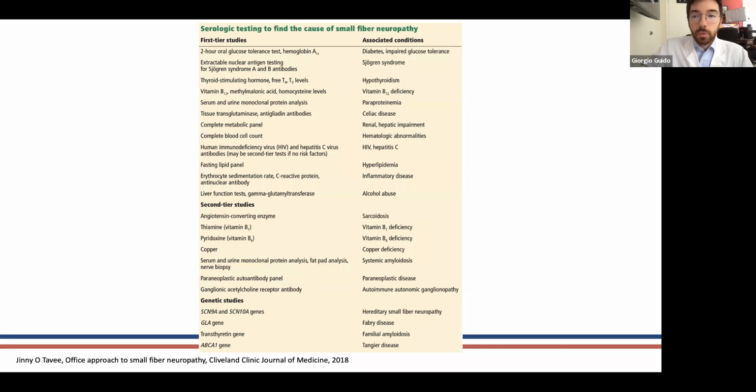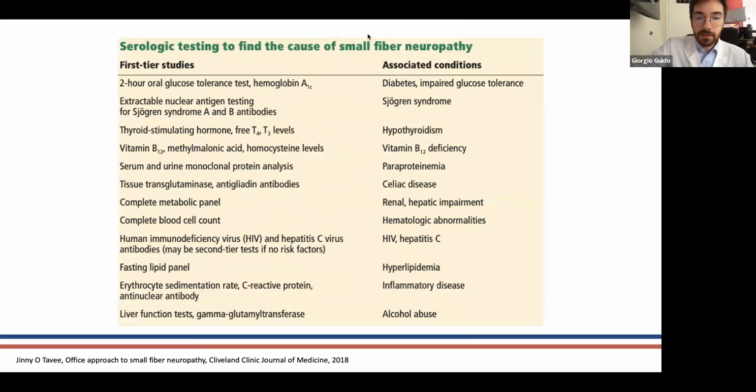Okay, so the way we approach the laboratory testing is to get a clinical sense, assessing the chronopathology of disease, of what can be the cause of the small fiber neuropathy. And then we decide what are the studies that we can do as a first round. These are some ideas based on the most common etiologies. So we, of course, check for diabetes.